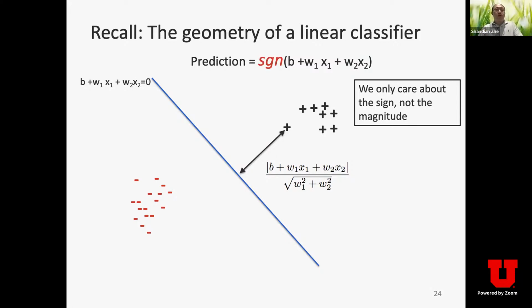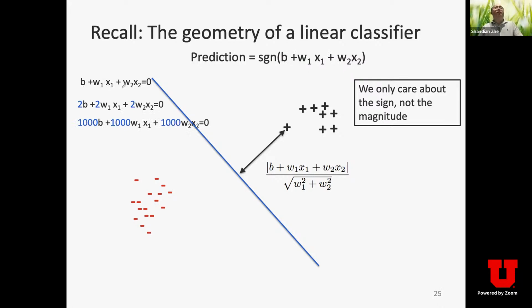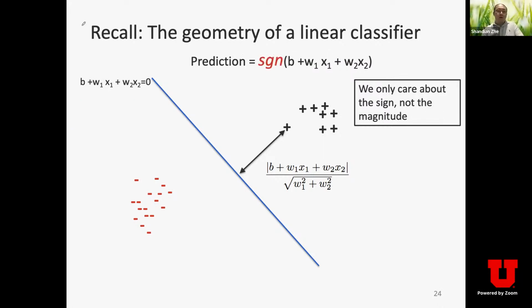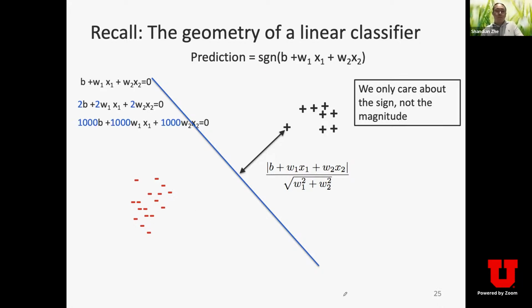That means you can scale the parameters B, W1, W2 arbitrarily. As long as you multiply them by some positive number, it won't change the position of the hyperplane, and it won't change the classification results. This is very important for simplifying the formulation of the SVM.